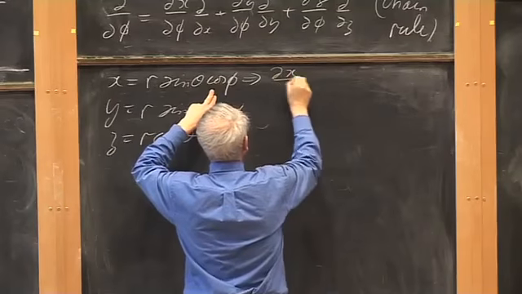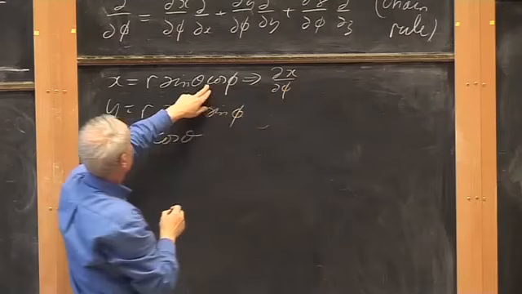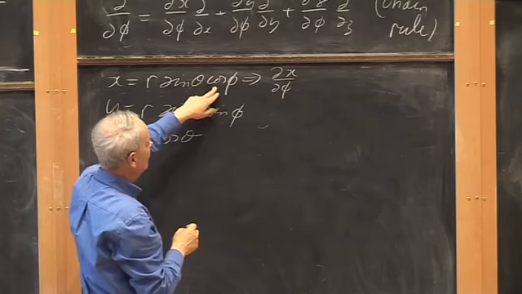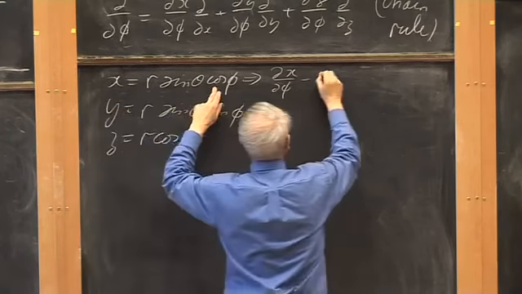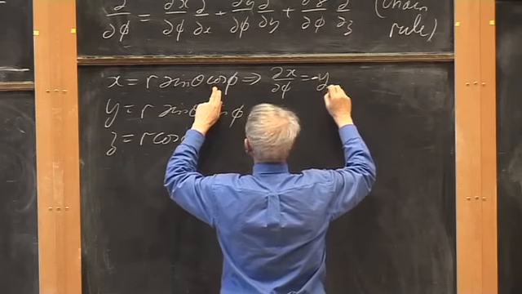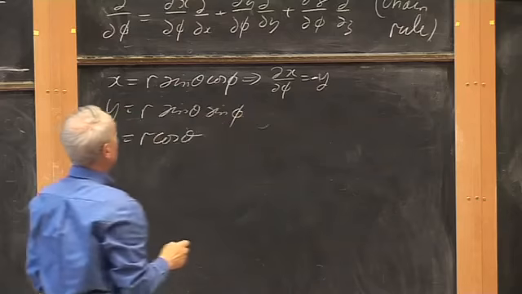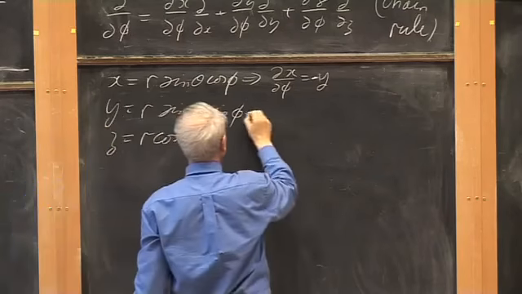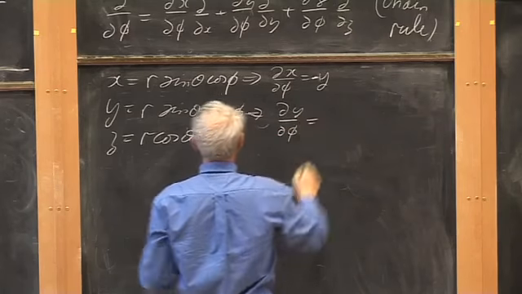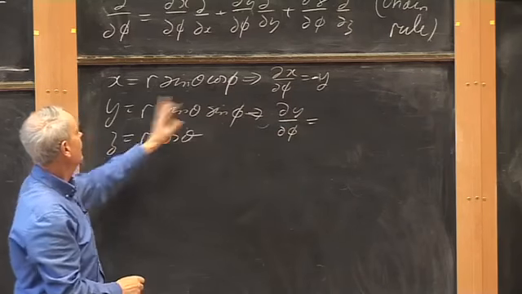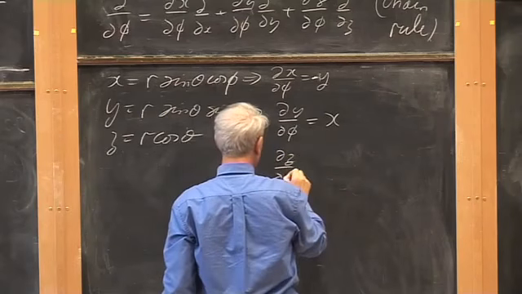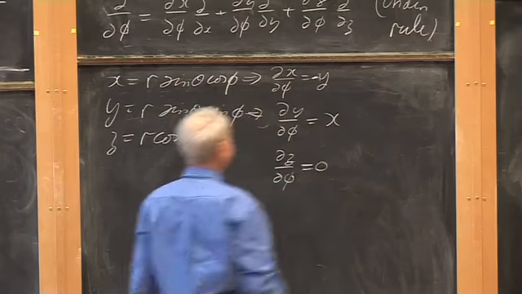We have that dx by d phi is minus r sin theta sin phi, which is simply minus y. Similarly dy by d phi becomes a cosine, and therefore this becomes x. And dz by d phi is nothing at all.